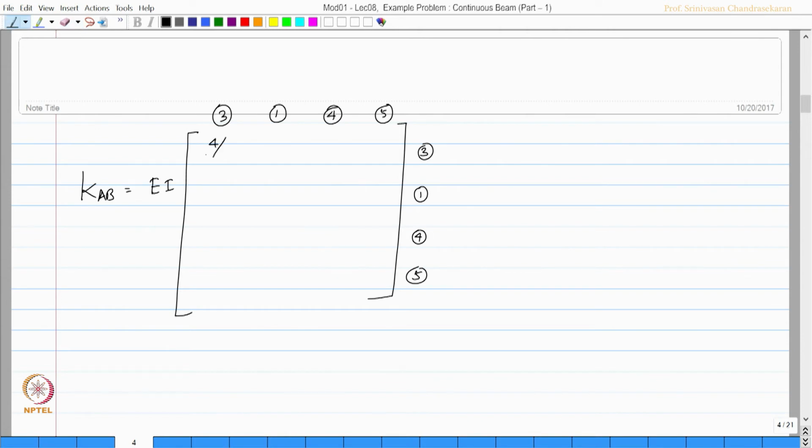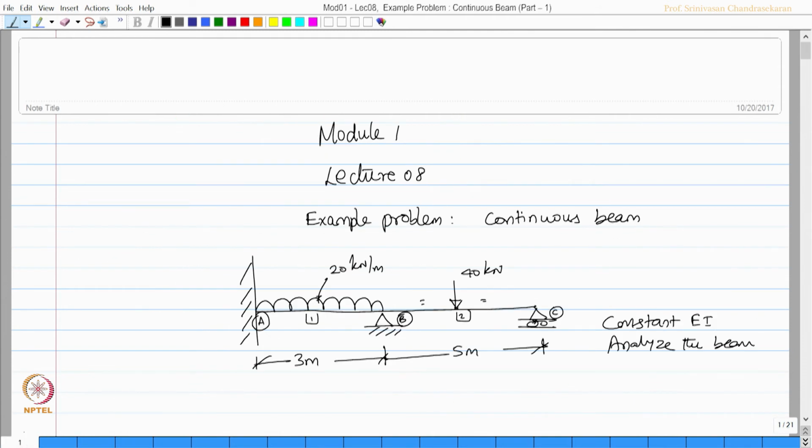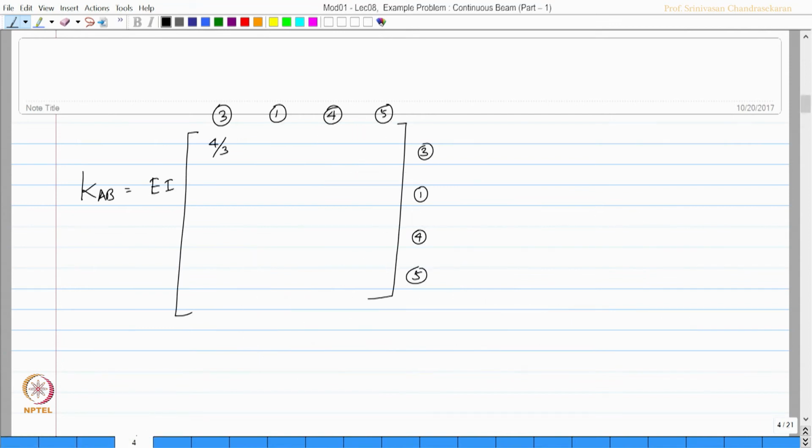So, 4 by 3, because L is 3 in this case; you can see here span AB, L is 3 meters. So, 4 by 3 which is 1.333 and this will be half of that.